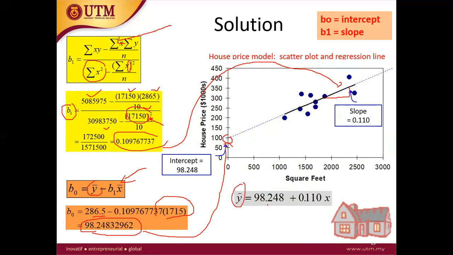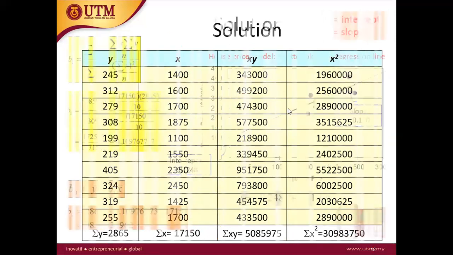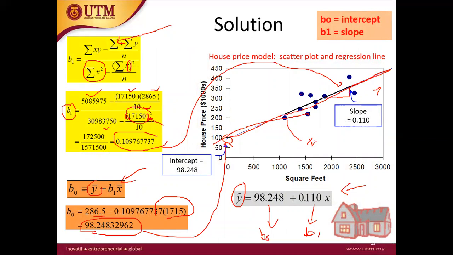You get y cap equal to b0, which is 98.248, the intercept value, plus 0.110, the slope value, times X. This is the predicted simple linear regression model. So you can plot the straight line here, representing the linear regression model, and there are 10 points, 10 coordinates here, representing the population of X and Y.